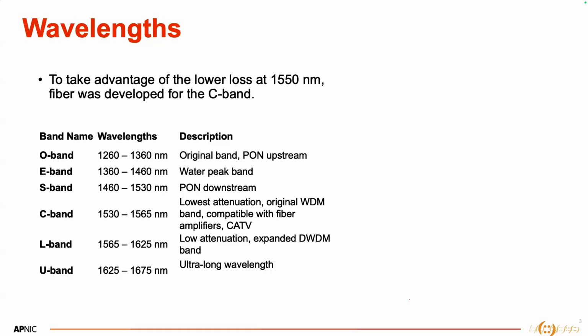Vaishnavi, you asked about the band between 1625 and 1675. If you take a look at the screen, the band for 1625 to 1675 nanometer, we call it U band, and it is used for ultra long wavelength. In this band, the theoretical loss should be 0.3 to 0.35 dB or 0.4 dB, something like that per kilometer.